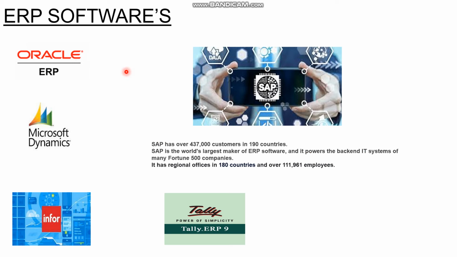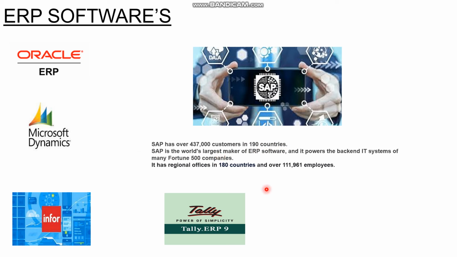For this ERP system, there are different software packages available in the market, which are called ERP software, like Oracle, Microsoft, Tally, Infor, and SAP also. Out of all these ERP software, SAP is widely used in the market. SAP has over 437,000 customers in 190 countries and is the world's largest maker of ERP software.